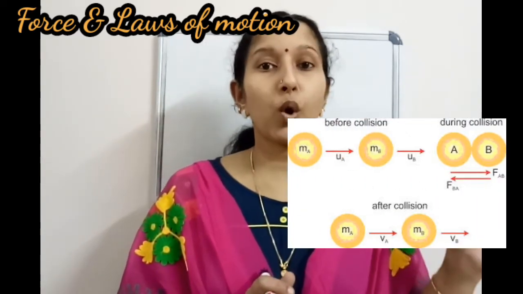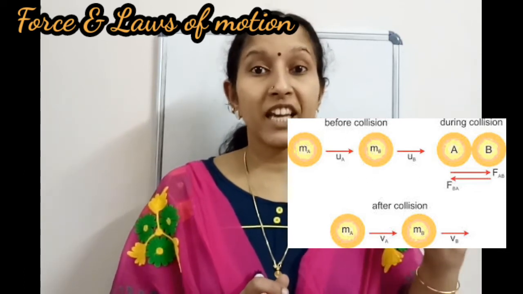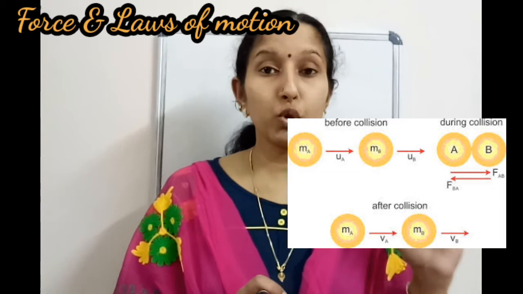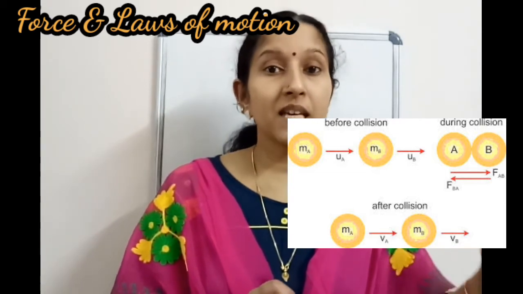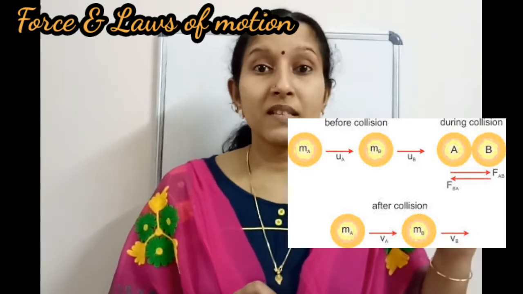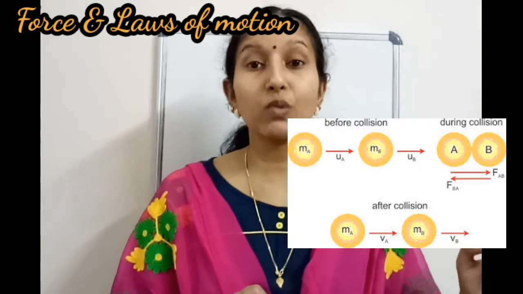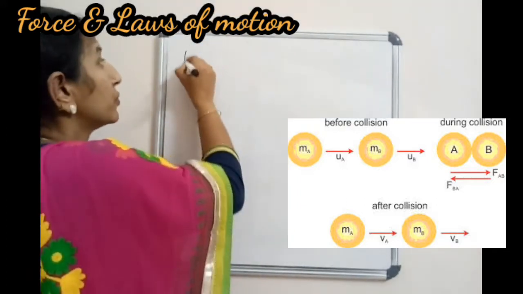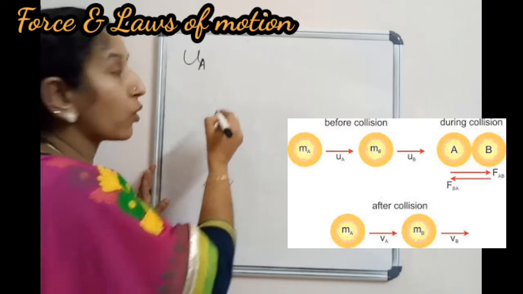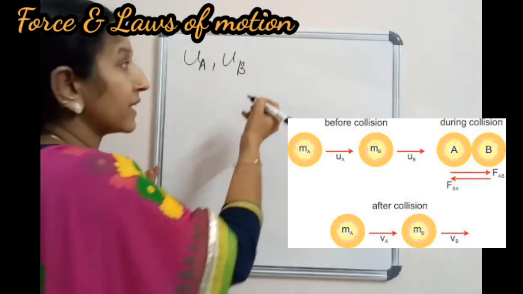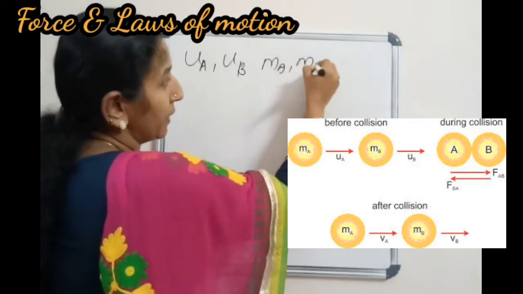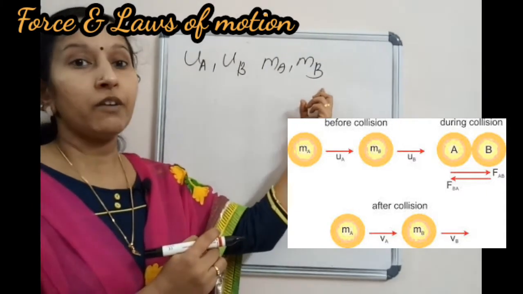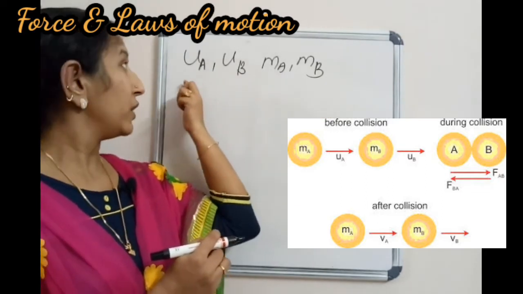There you can see two balls A and B of masses ma and mb moving in the same direction with their initial velocities ua and ub.